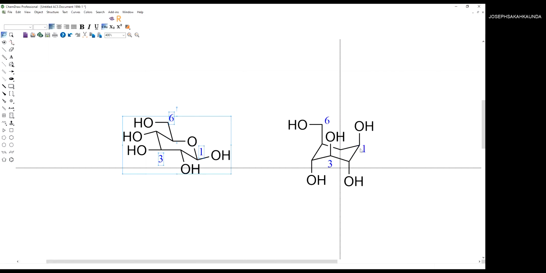The protons are equatorial, horizontal with reference to the hydroxy groups. The protons lie horizontally.